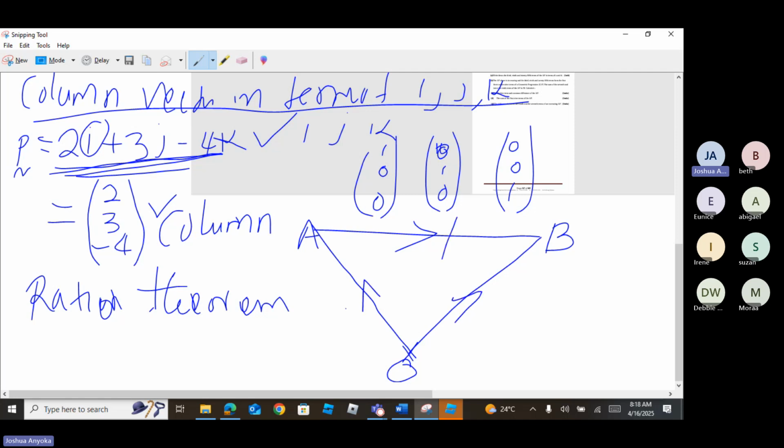If we have a point M, which is dividing, let me not use M, I reserve M for something else. Let me say this is X. A point X is dividing the line AB in the ratio 3:2.